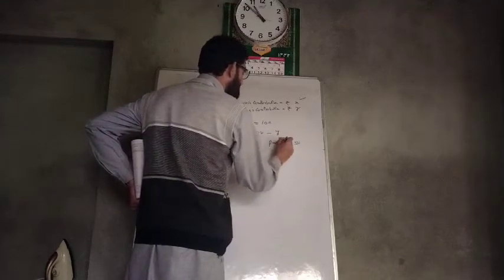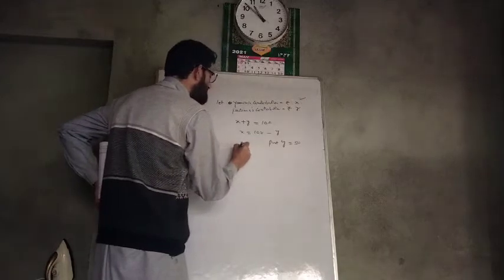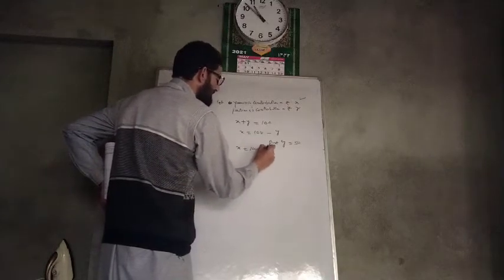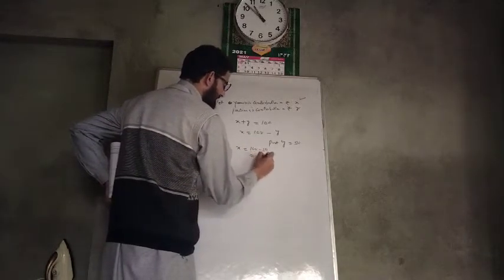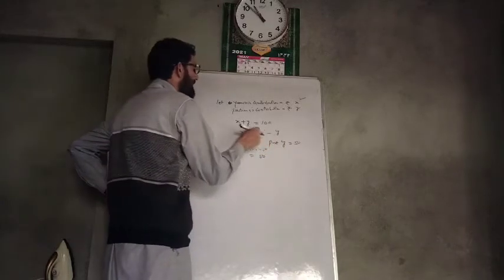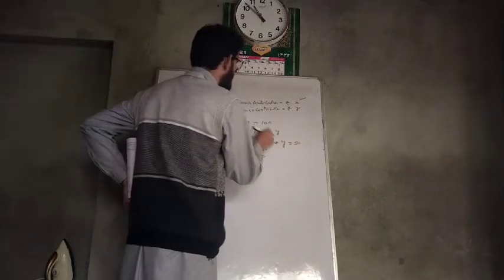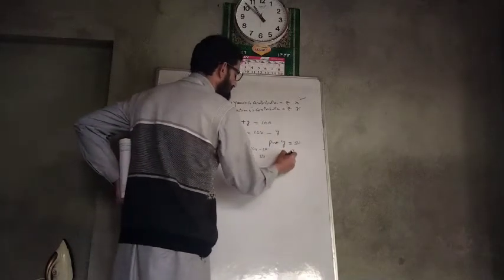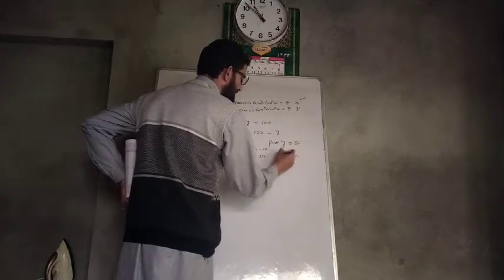Now putting Y is equal to 50, X is equal to 100 minus 50, that is 50. So if Fatima's contribution is 50, obviously Yamini's contribution is also 50. So this is 50 and 50.